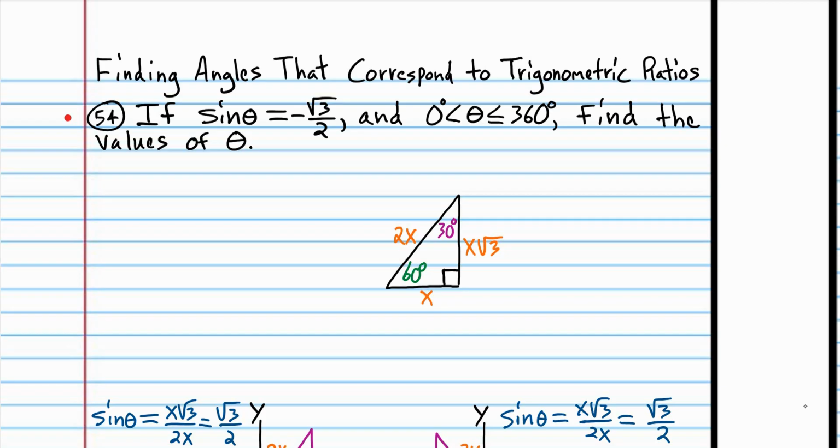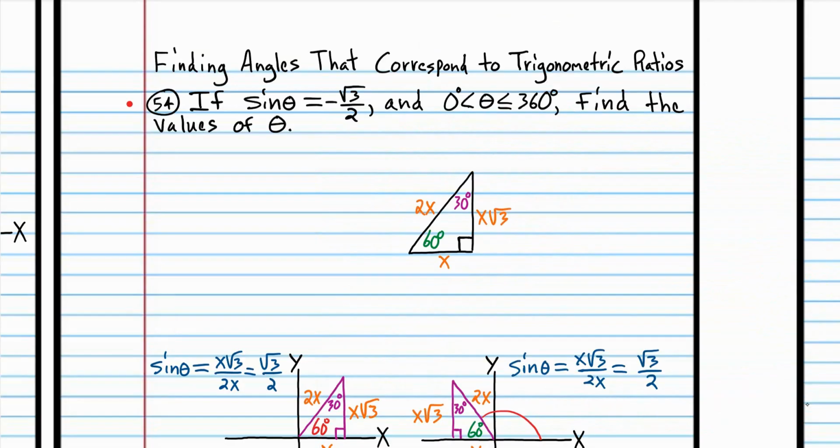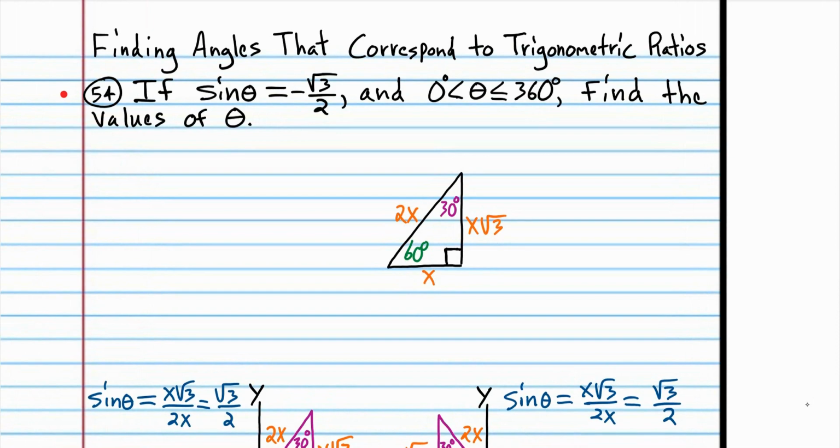In previous classes, we plugged in a number here, and I asked you to find this green ratio. Well, now we're going backwards. Now I'm giving you this green ratio, and I'm asking you to find the angle.